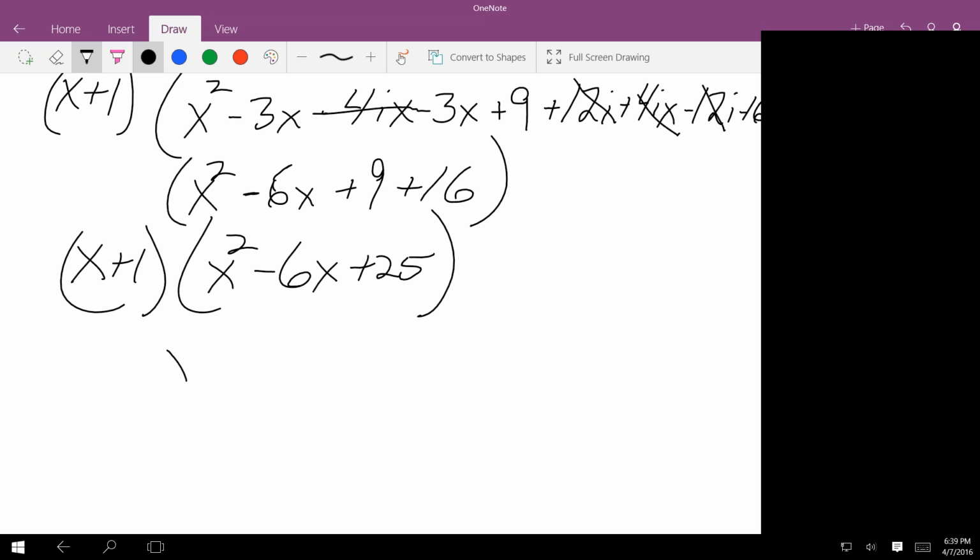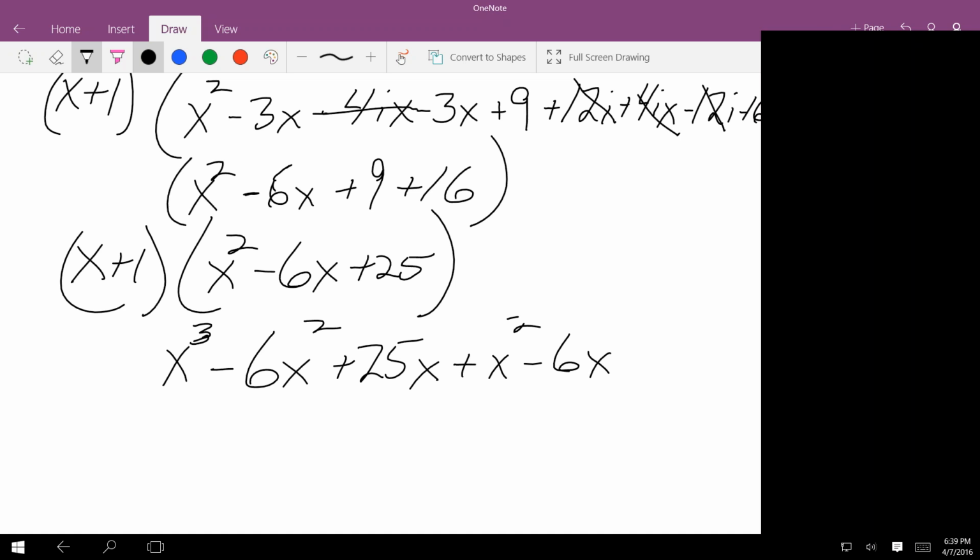It's going to be x cubed minus 6x squared plus 25x plus x squared minus 6x plus 25.